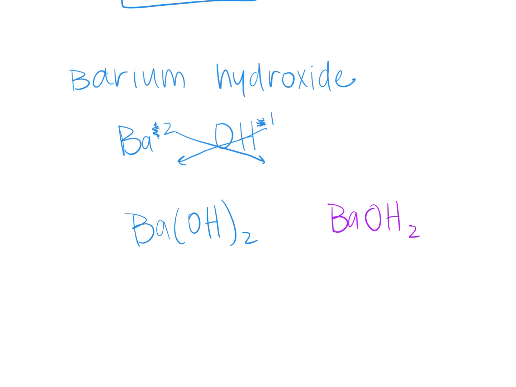That means that I only need 2 hydrogens, and it means I don't need 2 O's. But that's not the case, right? I need 2 of this molecule, which means I need 2 O and 2 H. So the parentheses are super, super important. So this is no good, right? We have to have parentheses because I needed more than one of my polyatomic ion.